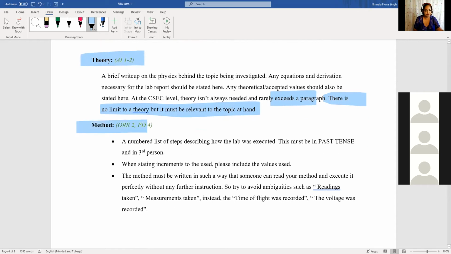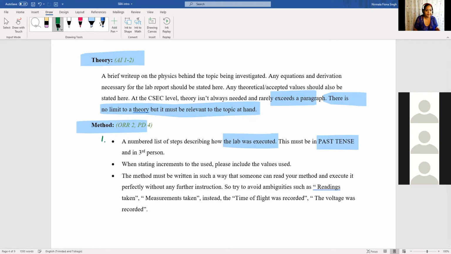Method. Method can count for 2 marks in your ORR, and for plan and design, up to 4 marks for your plan and design labs. This is a numbered list of steps describing how the lab was executed. Executed is what tense? This is past tense. So you all have to tell me how you did the lab with a set of numbered steps.